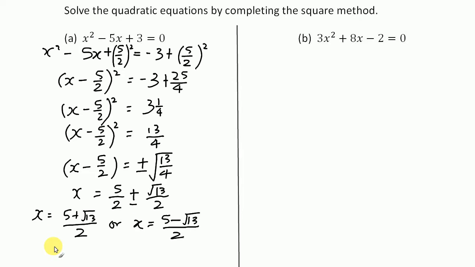If you use your calculator, you should get the two answers 4.30 or 0.70 to 2 decimal places.